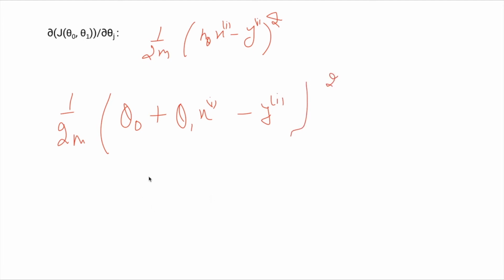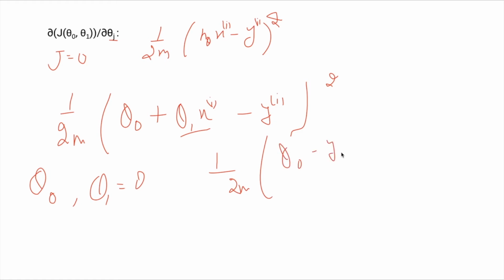Now when we take the partial derivative with respect to theta 0, obviously theta 1 will be equal to 0, because we are taking j equals 0. So this term will not be there. The derivation will not be very complex: 1 over 2m times theta 0 minus y i, to the power 2. Nothing will change.